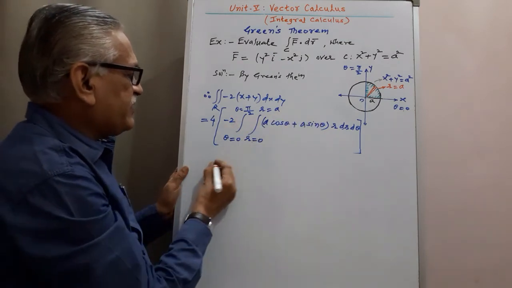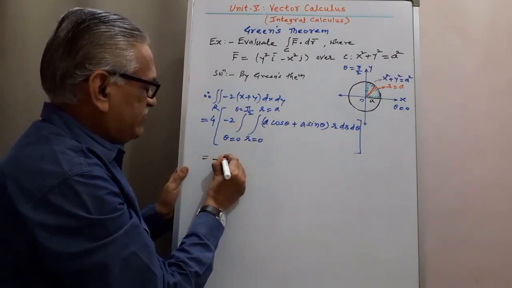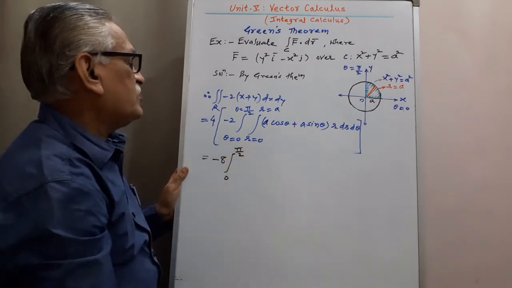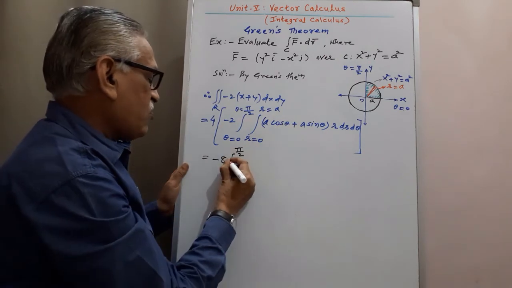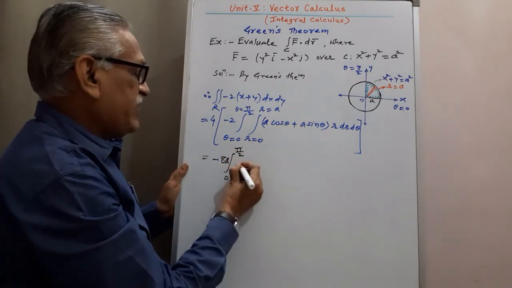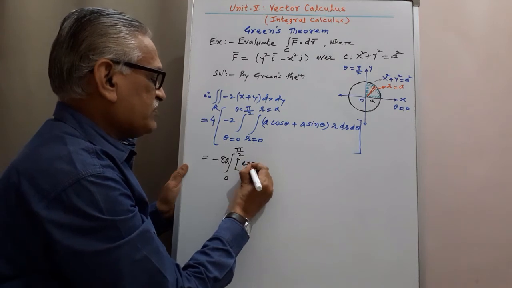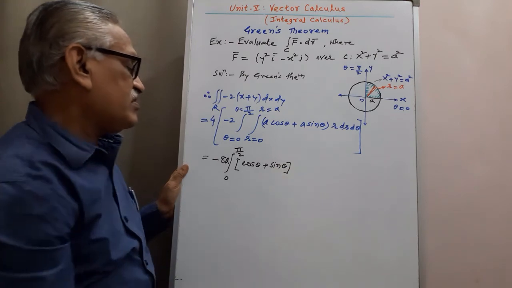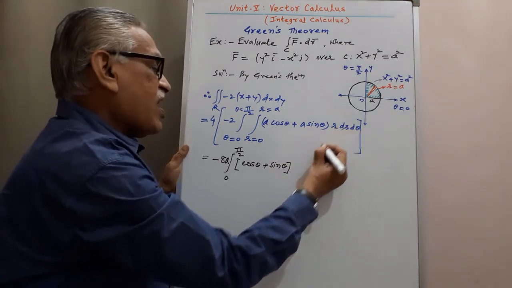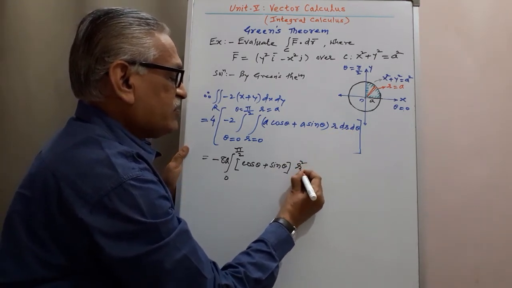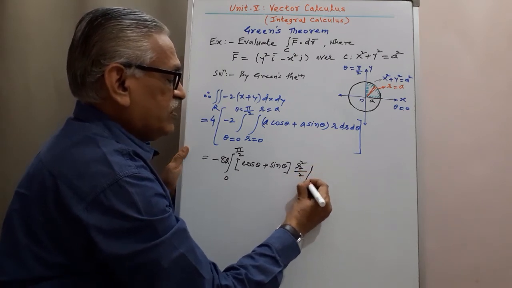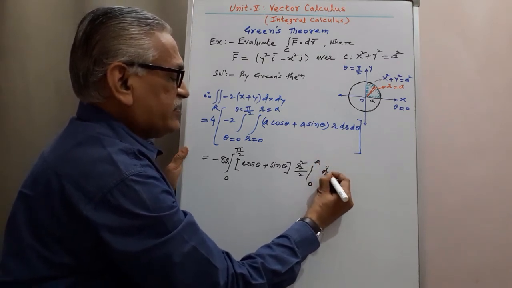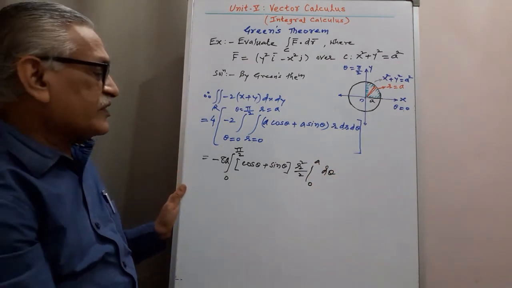Then performing that integration we get minus 8 integration from 0 to pi by 2. a also we can take constant outside. Remaining terms are cos theta plus sin theta, and integration of r with respect to r is r square by 2, limit from 0 to a, and then its integration with respect to theta.